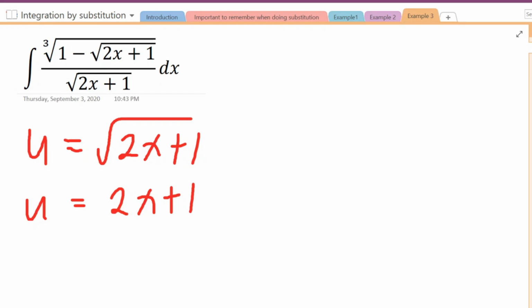Because remember, the next step after identifying the part that is the value of u is to differentiate. If you know how to differentiate this one, then you can proceed doing that. But if this is easier for you to differentiate, then we can do that. For now, I am going to take the second value of u, 2x plus 1 only, and not the square root of 2x plus 1. Let me erase the first.